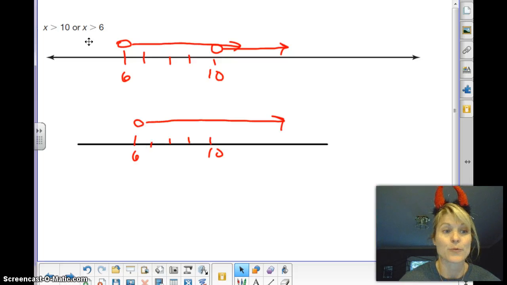So for this one, x can be not 6, but 7, 8, 9, 10, because it's actually included in here, 11, 12, and up. This one's a little bit tricky in that they overlapped. Because this one is going right through that one, we really only needed this part of the inequality.